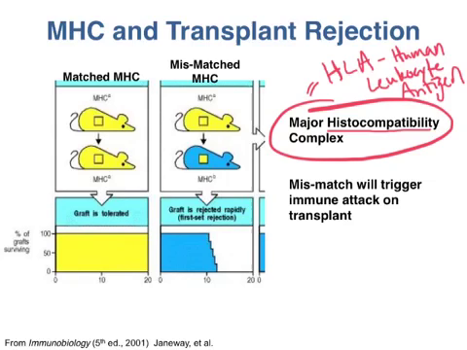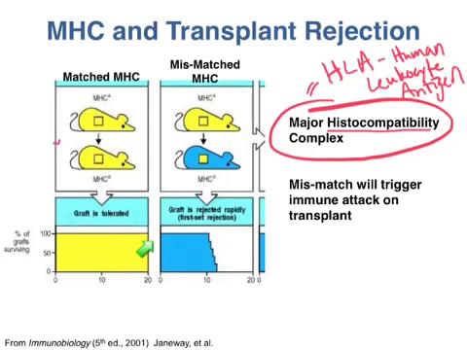And this is a neat little figure that just shows what happens if you don't match MHC. So this is looking at transfer in mice of a skin graft. If you take a skin graft, a little patch of skin, from one mouse and transplant it onto a genetically identical mouse, so it's got the exact same MHC, the graft is fine. The recipient mouse can't tell that there is a graft there.